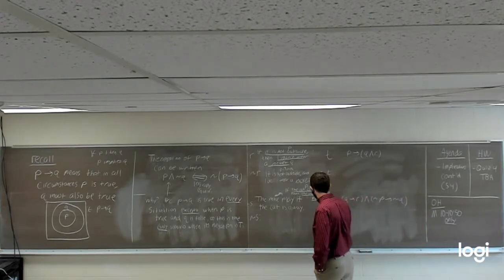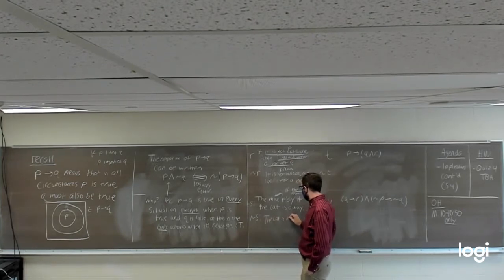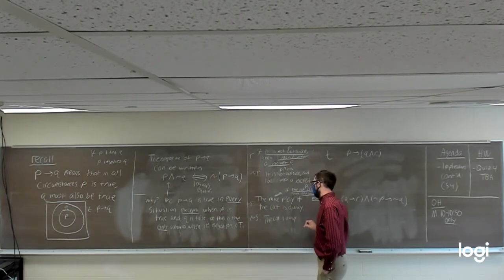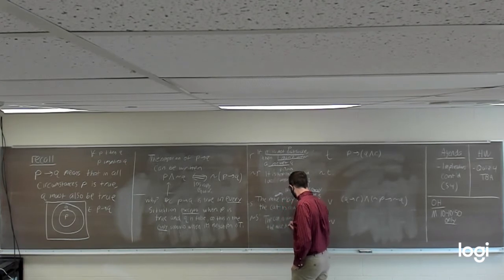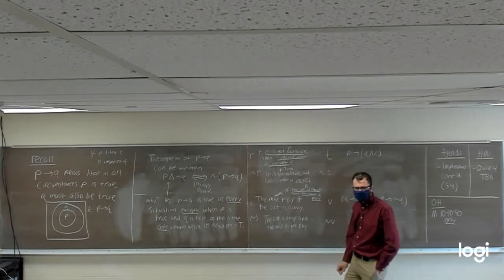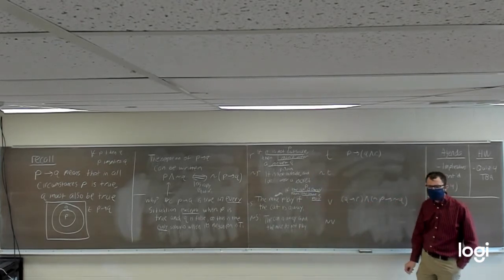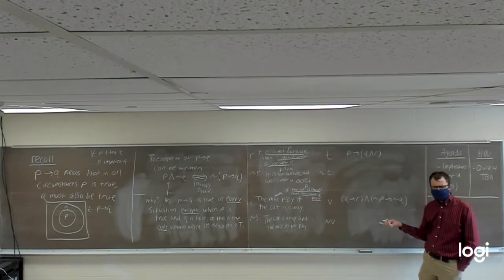And so the negation would be P and not Q, or in other words, the cat is away, and the mice do not play. Questions or comments about this one? This one's a little bit trickier.